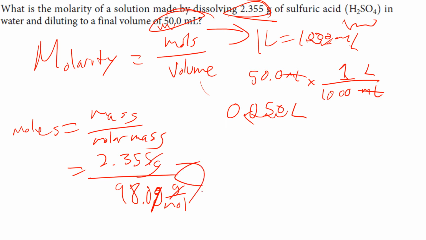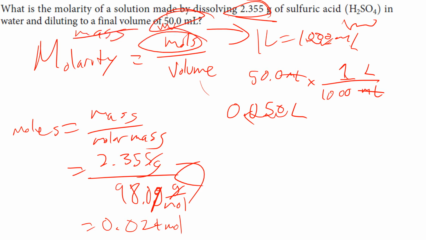And we get how many moles of sulfuric acid? 2.355 divided by 98.09. We get 0.024 moles. Okay? Because keep in mind, molarity deals with moles, not mass.